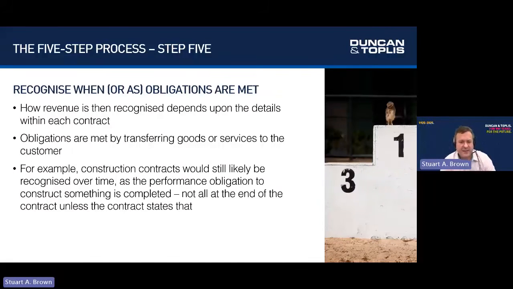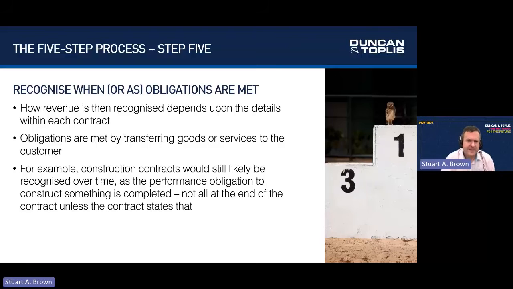And step 5, you then recognize the transaction price as your income as the obligations are met. How this happens very much depends on the details of the contract. And the obligations are met by satisfying those performance obligations, so transferring the goods or providing the service to the customer.